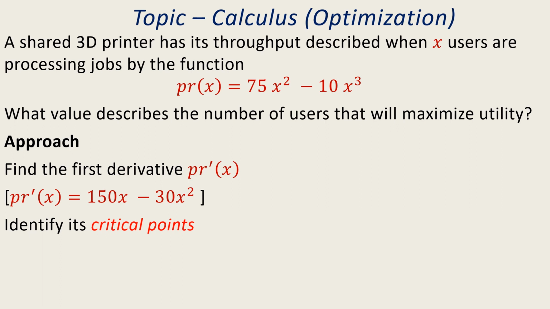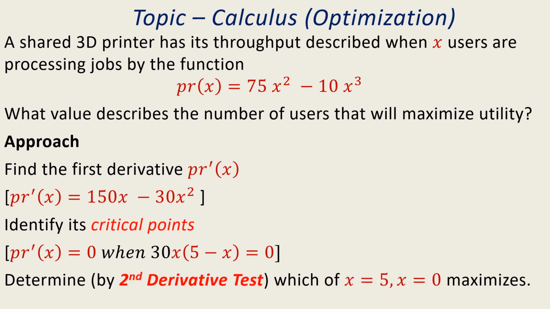We then have to find the critical points of that function, and we discover that x equals 0 and x equals 5 are the two critical points. And then we can use the second derivative test to uncover which of those two maximizes the outcome.